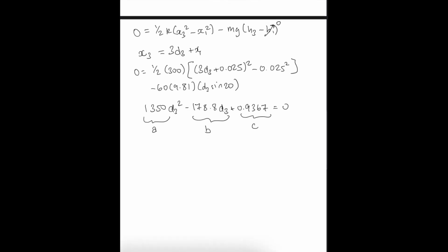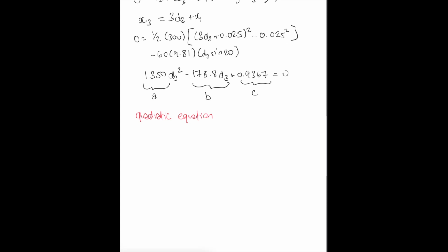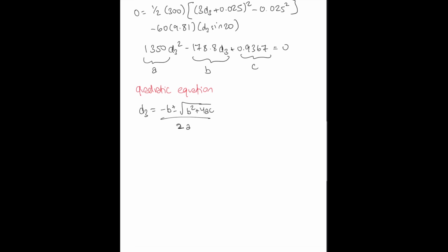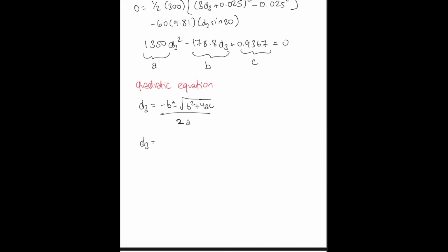This part is A, this part is B, this part is C. And we're going to plug it into the quadratic equation. d3 will be equal to minus B plus or minus the square root of B squared minus 4AC, over 2A.